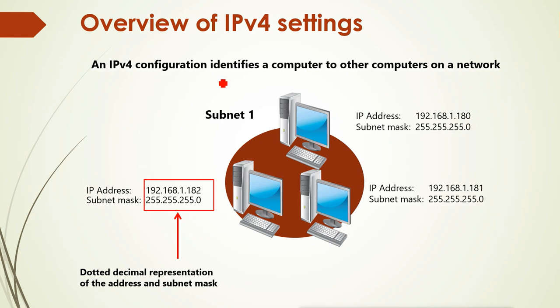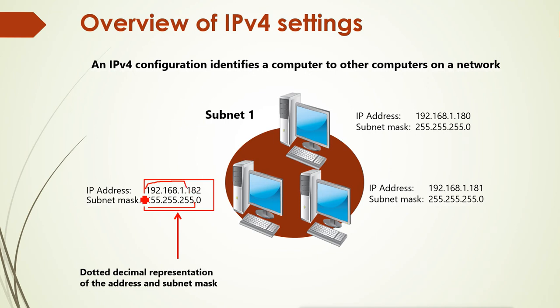So in IPv4 configuration, it identifies the computer on the network by using the network ID. Suppose this is the dotted decimal representation of the subnet mask, it says the first three parts are the network part. So these three parts must be the same on the other machines.